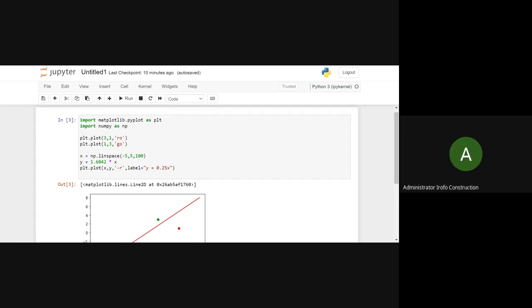If he's able to type it correctly, you can see that the line will be able to separate the two data points.